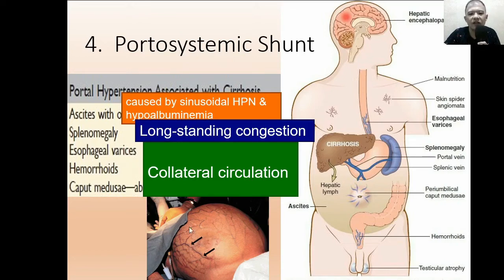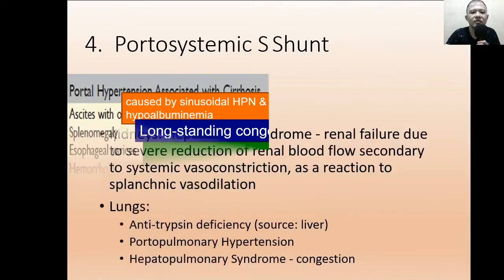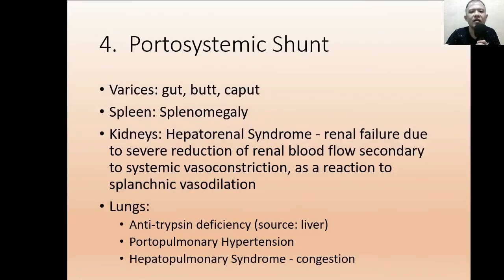So this is an ascitic tummy, ascitic abdomen, and the superficial veins that appear are what we call caput medusae because it looks like the head of Medusa. Next, you also have portosystemic shunt.